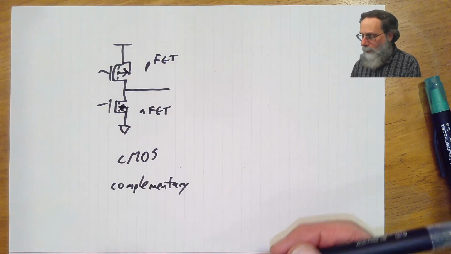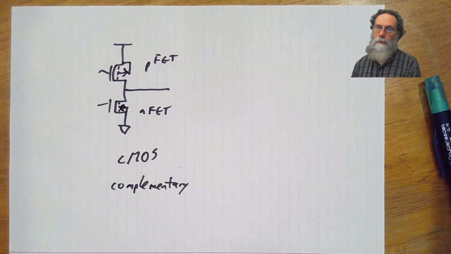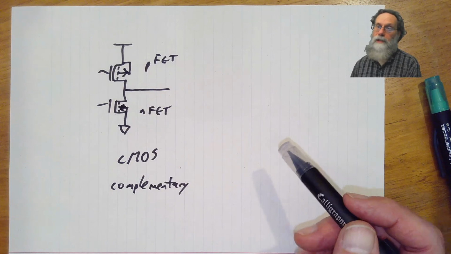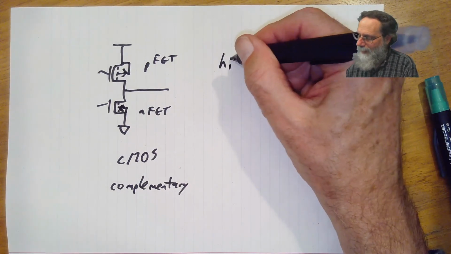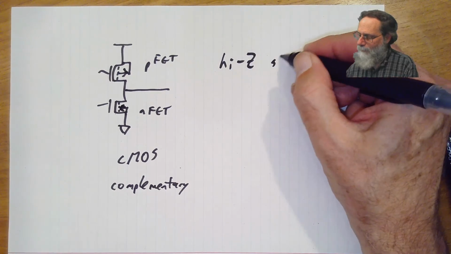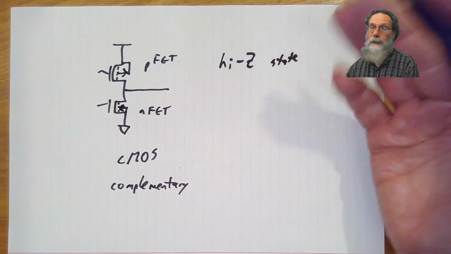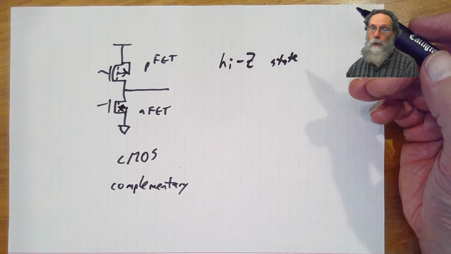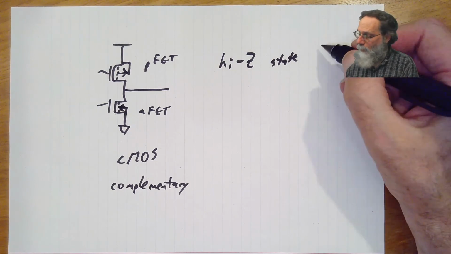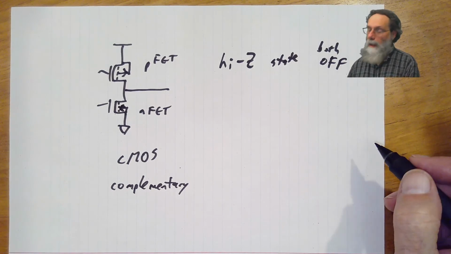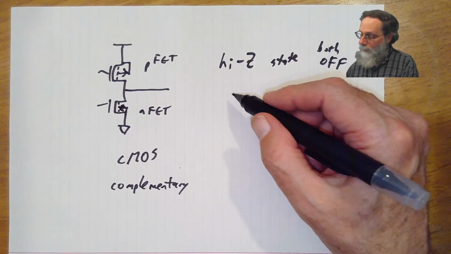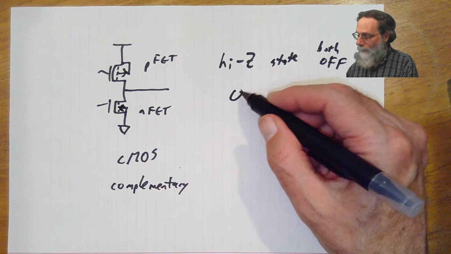What are the possible states of CMOS? Well, if both transistors are turned off, the output is disconnected. This is sometimes known as the high Z state. High impedance, there's basically no connection to either power or ground, and that's both off. If we have just the MOSFET on, we have a 0 volt output.